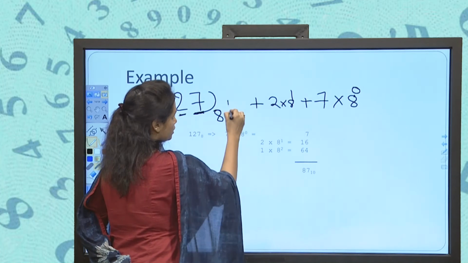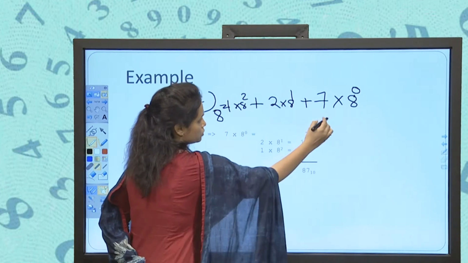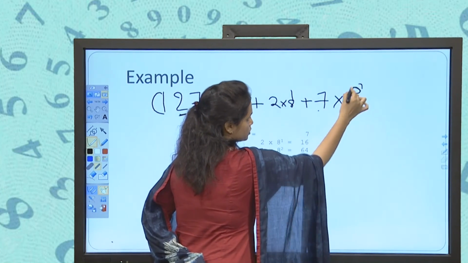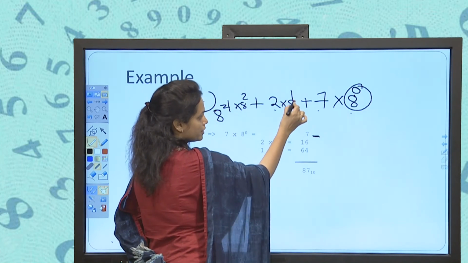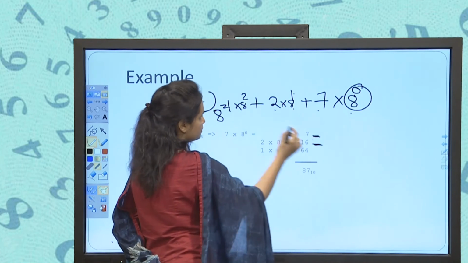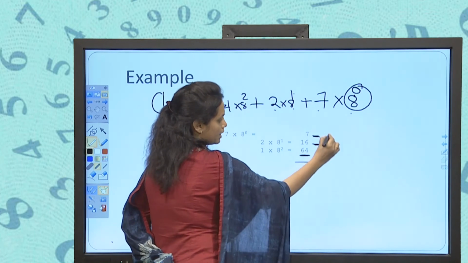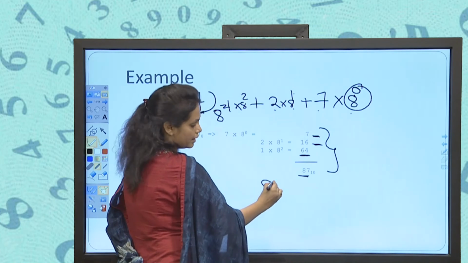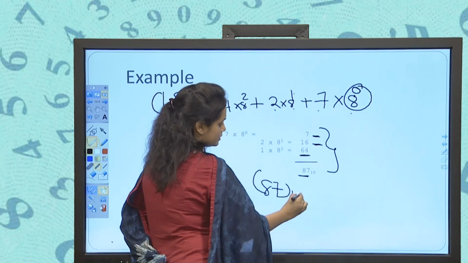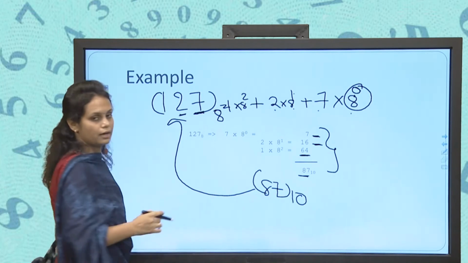So 7 into 8 raised to 0, which is 1, gives 7. 2 into 8 raised to 1 becomes 16. 1 into 8 raised to 2 becomes 64. In the end we add these results, which gives the answer 87. 87 is the decimal number corresponding to this octal number.